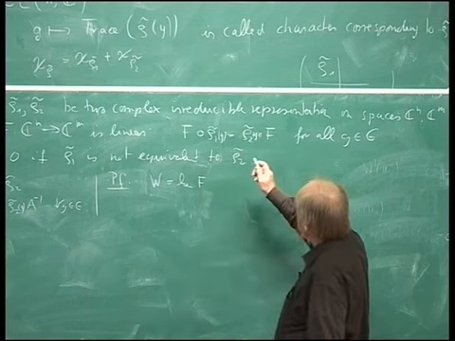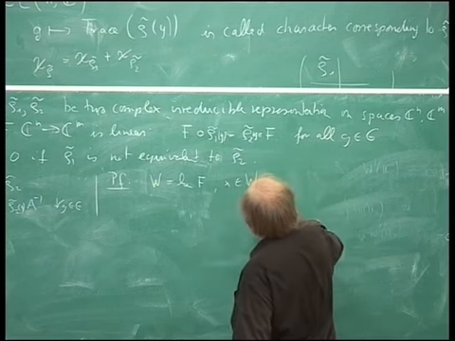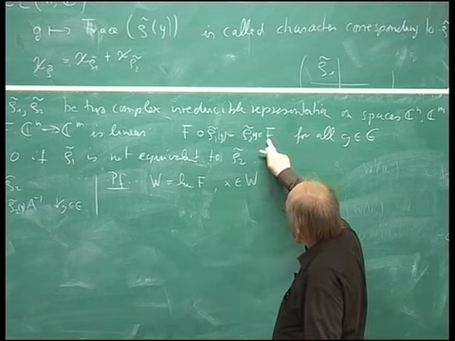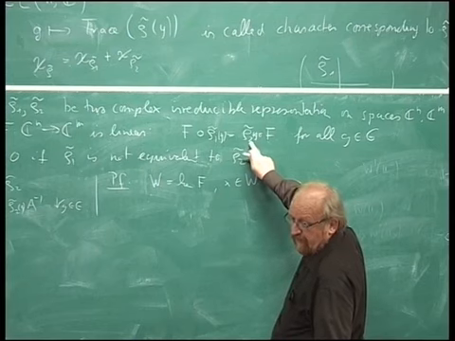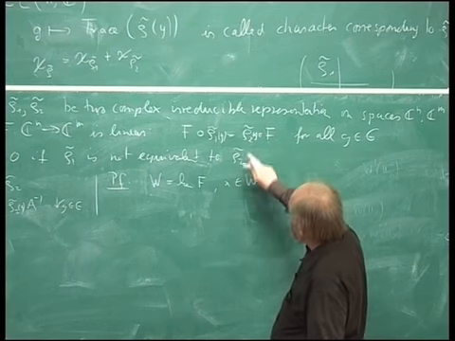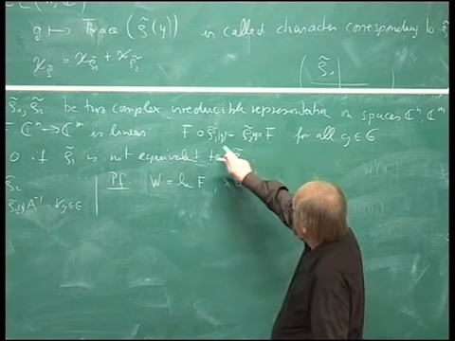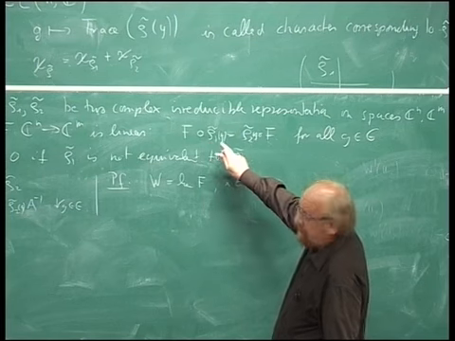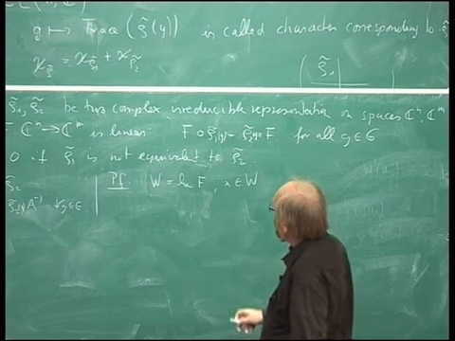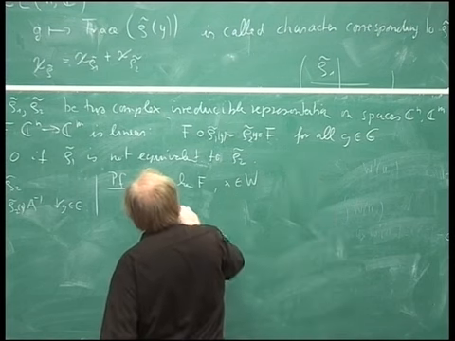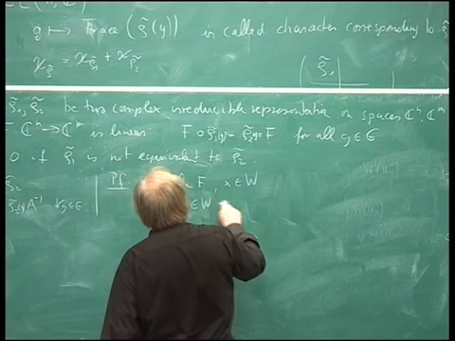Okay, and so if x is in W, then f maps x to 0, and this is a linear map, and it keeps 0. So if x is in the kernel, I have 0 on the right hand side, so I have to have 0 on the left hand side. So this element has to map x into the kernel, and so rho 1 tilde of g applied to x is in W for all g.